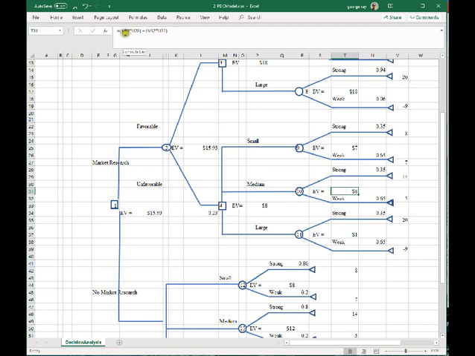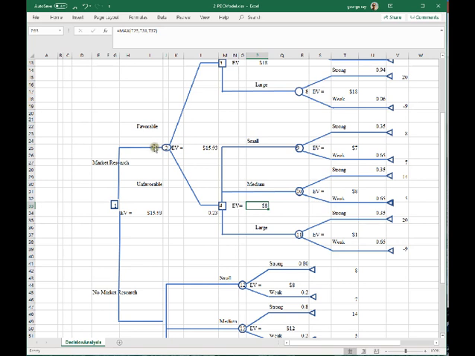You can see up in the formula bar here, that's the case. So once we have those three expected values for the three branches, small, medium, and large, then the expected value for an unfavorable report will be the maximum of those three. So it'll be 8, the medium branch.